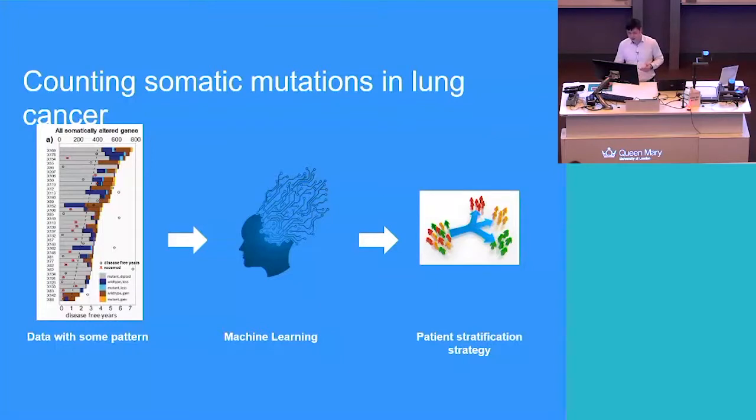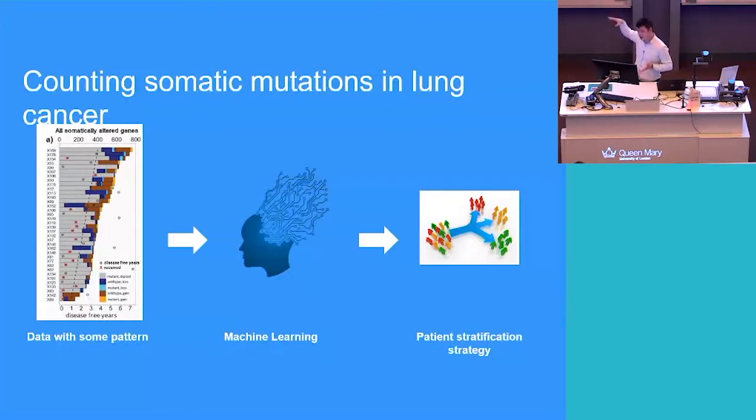So on the left here is an example of around 36 patients ordered by the number of point mutations and copy number aberrations. Okay, and then we can relate it to a particular phenotype. On the x-axis is disease-free survival years, and we generally see a particular pattern, right?